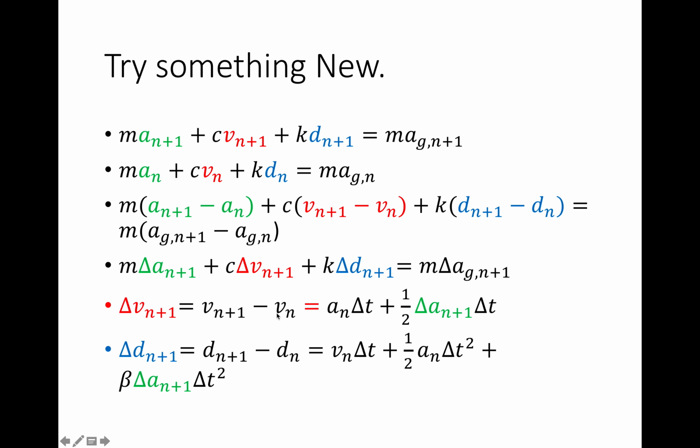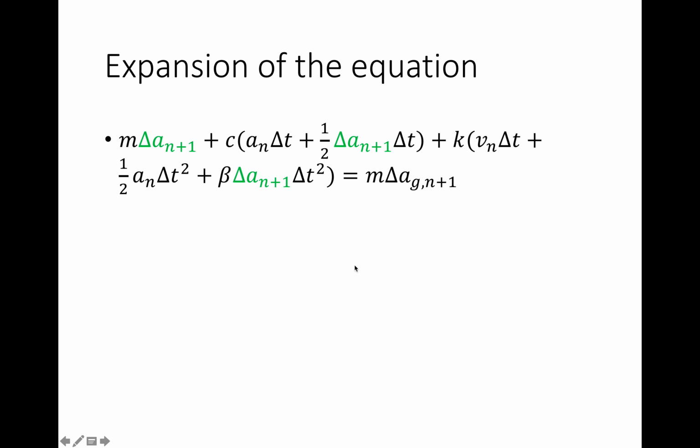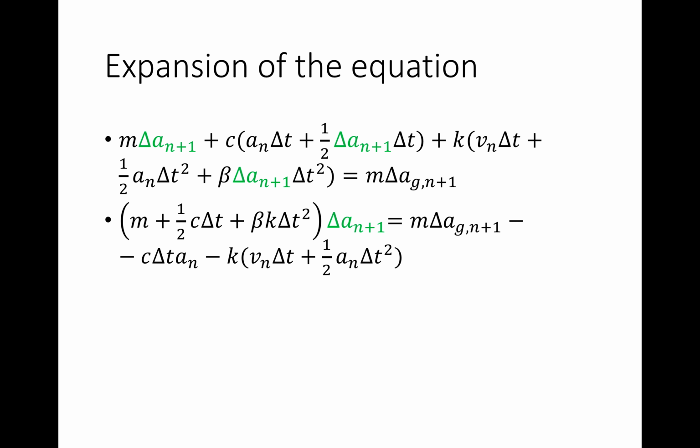Just like this. Put this part into here, and put this part into here. And we get this kind of equation. Now we realize only delta a n+1 is the unknown term. So we put everything about delta a n+1 on the left side of the equation, and put other things on the right side.